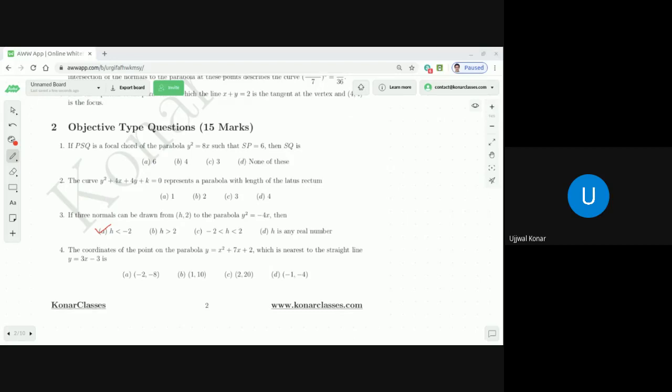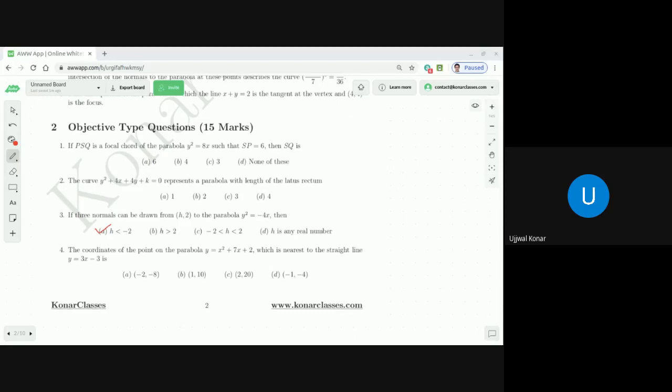According to the question, that straight line passes through the point (h, 2). So instead of y, you write 2, and instead of x, you write h. And you will get a cubic equation in m and h. Correct?